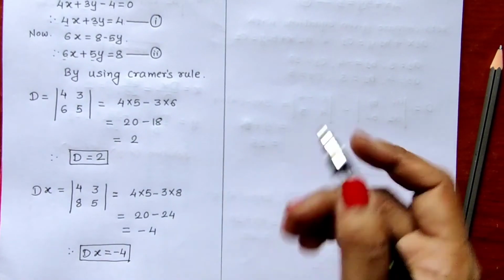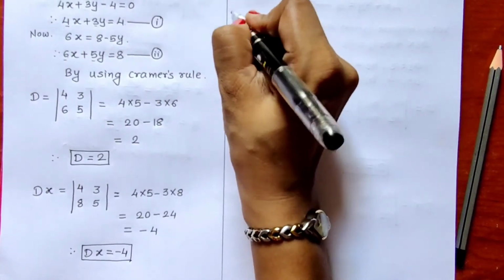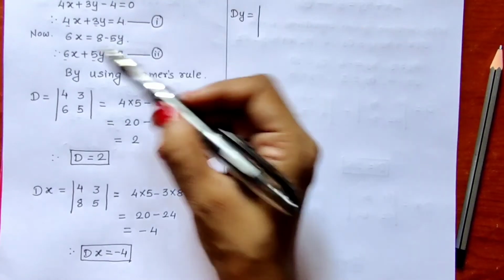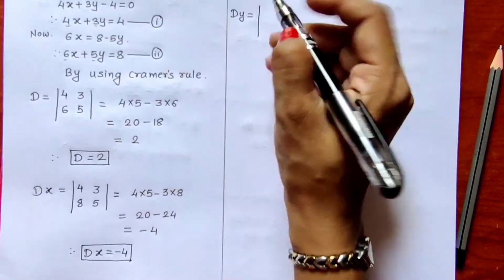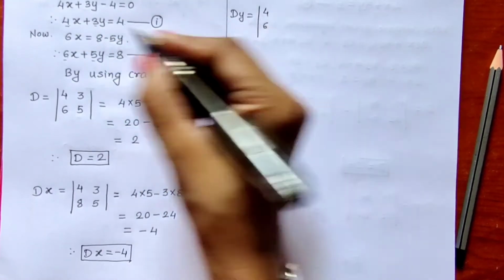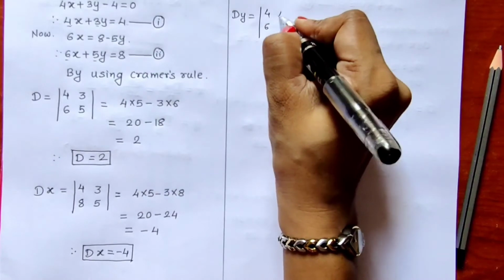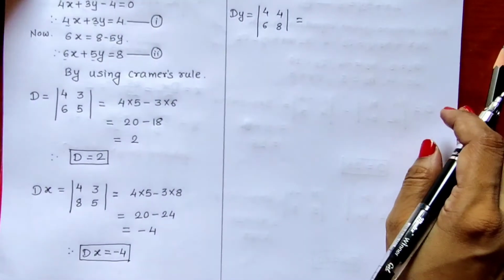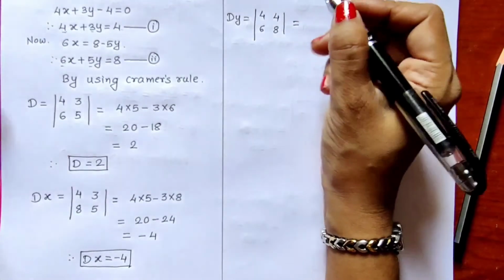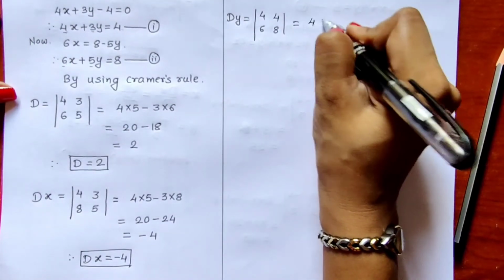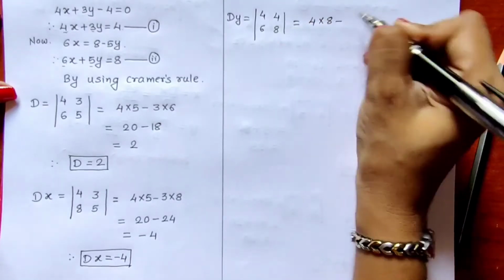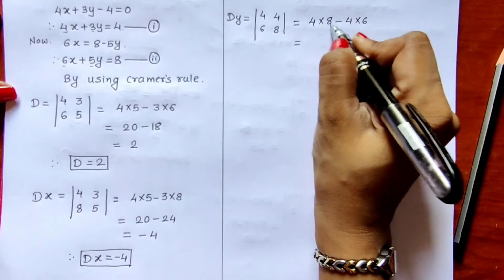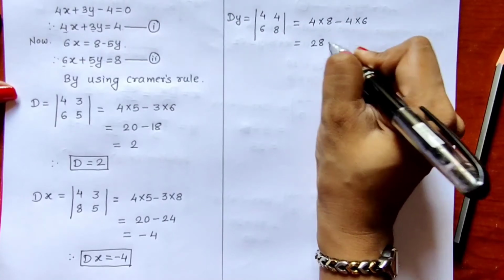So dy, here I will be writing dy is equal to, now we write coefficients of x. Coefficients of x are 4, 6 and then constants 4, 8. Now cross multiply. 4 into 8 minus 4 into 6. 28 minus 24.